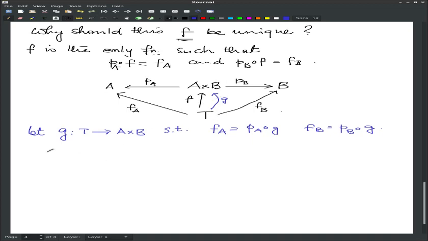So to prove equality, F and G have already the same codomain and domain.